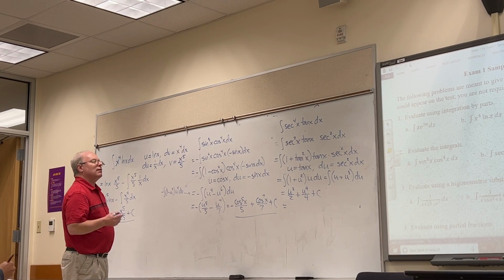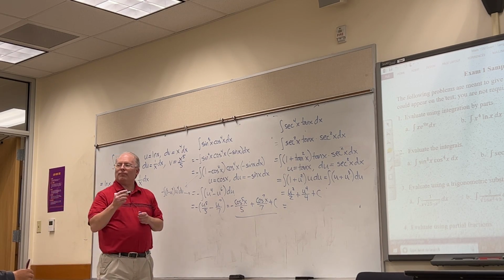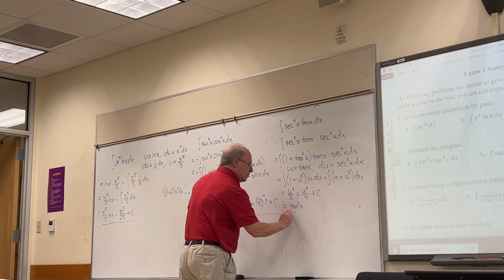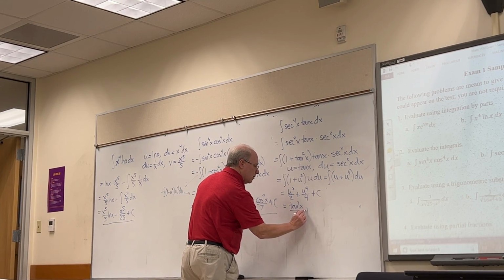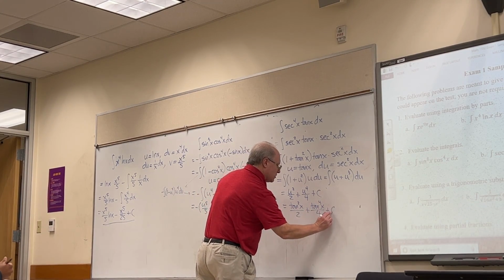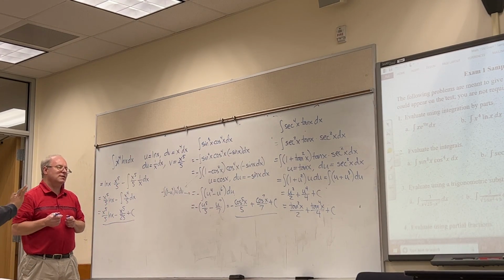So if we get this back in terms of x, what do we end up with? Tangent squared of x over 2 plus tangent to the 4th of x over 4 plus c.